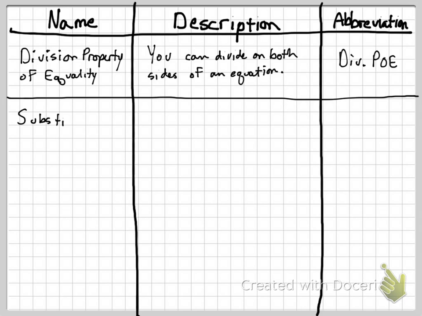Well, now we're going to use substitution. So the substitution property of equality says a quantity may be substituted for its equal.